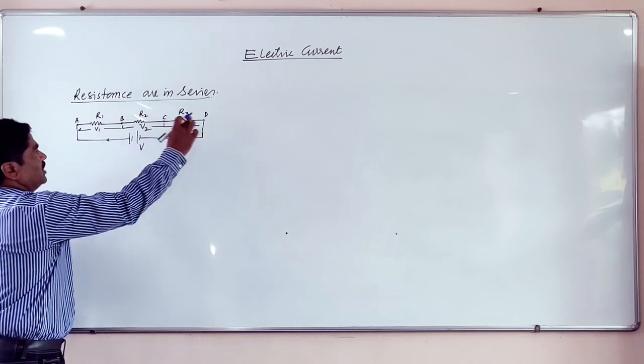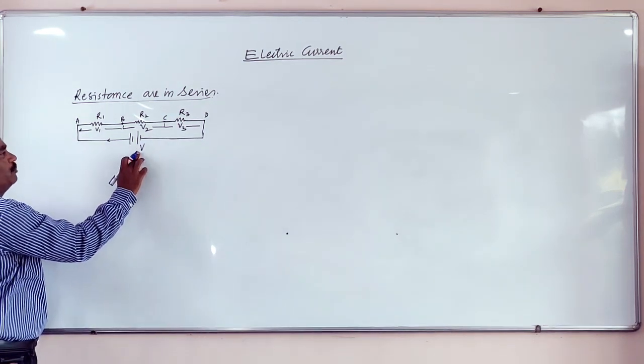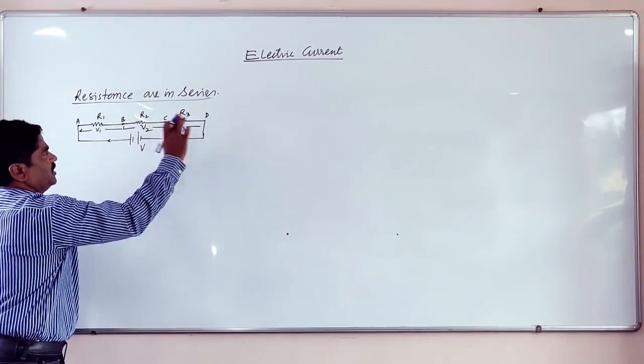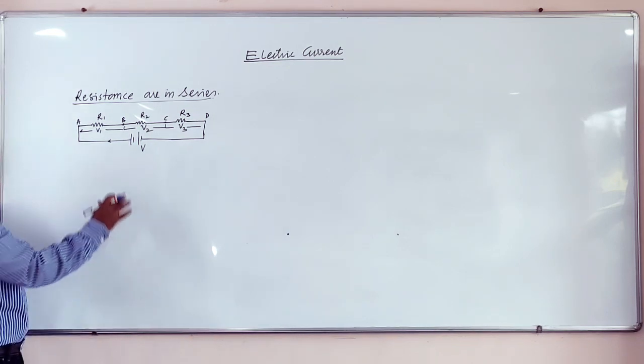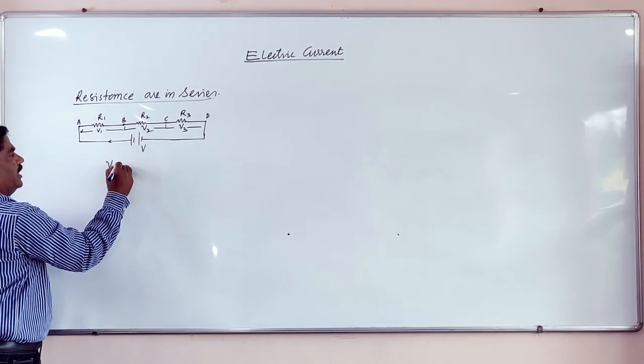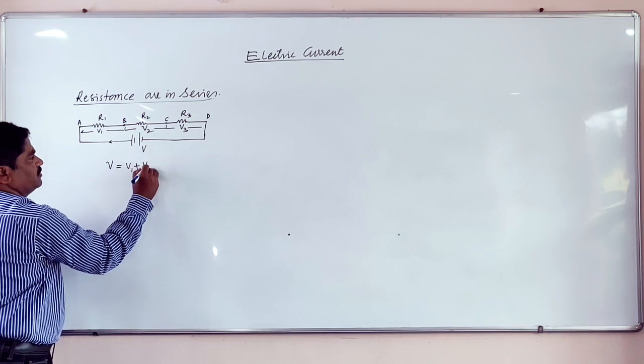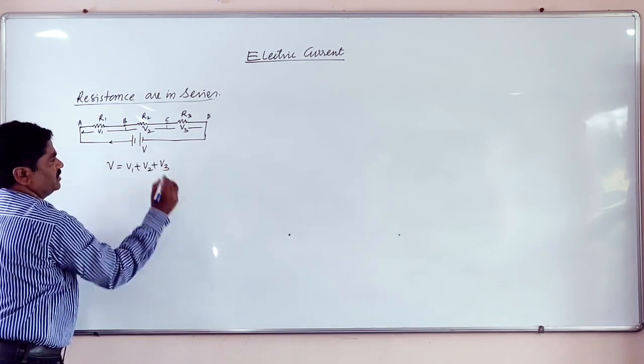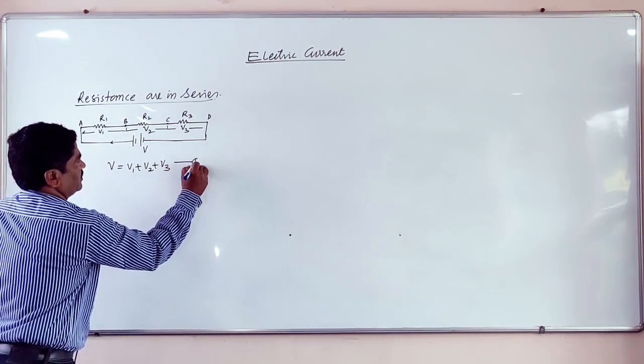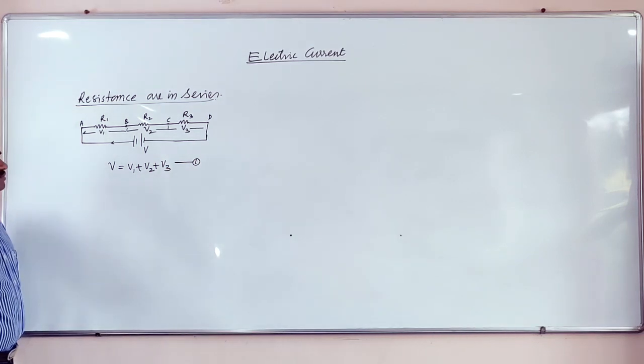Here the extreme ends are connected with the battery. Therefore, the battery potential difference is nothing but the sum of the potential differences across all three resistances. Hence, V is equal to V1 plus V2 plus V3. Let us say it is equation 1.